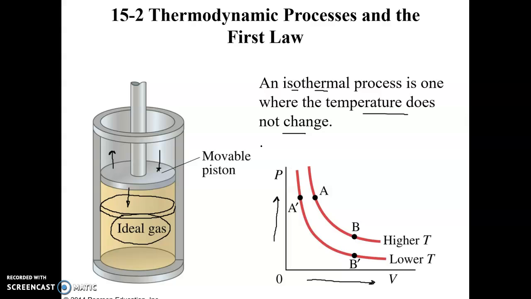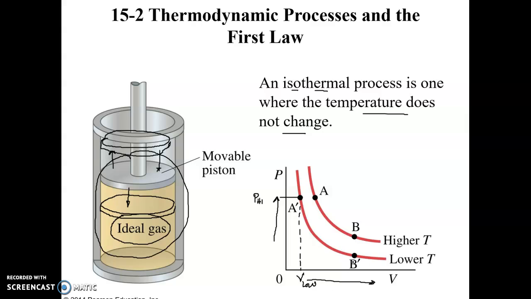So you can see here we have like a point on this curve where we have this A prime, for example. Here we have a high pressure, and that is going to correspond to a low volume. So that's like pushing the piston down. High pressure, low volume. Or if we allow the piston to go up, that's going to increase the overall volume here.